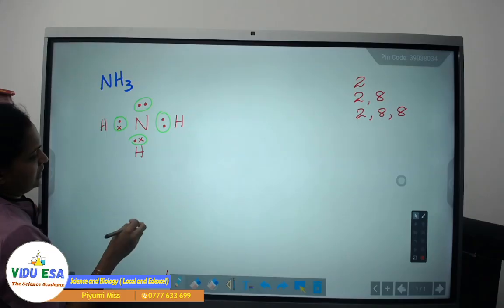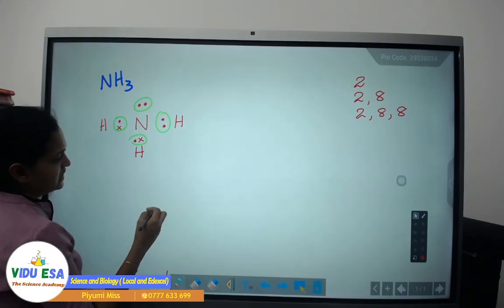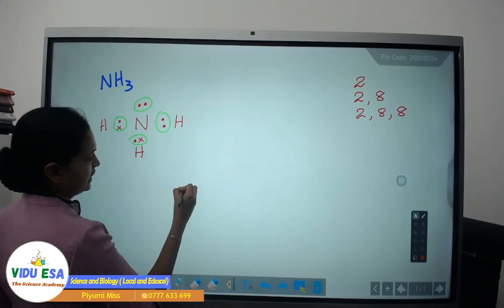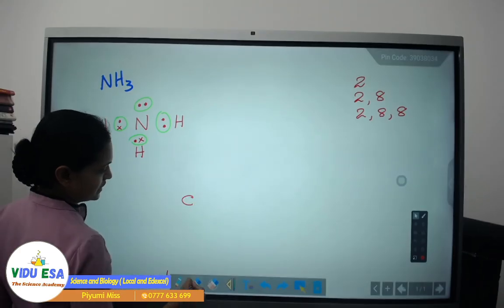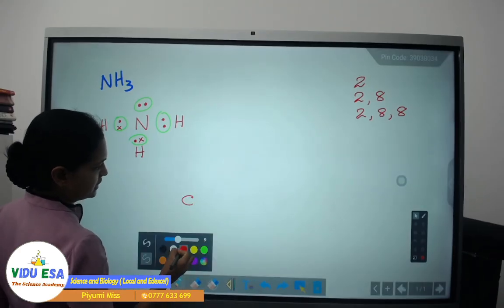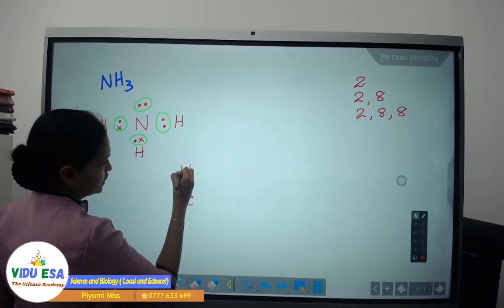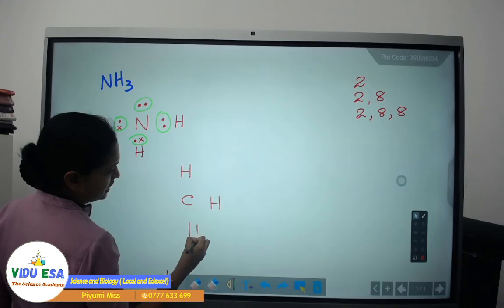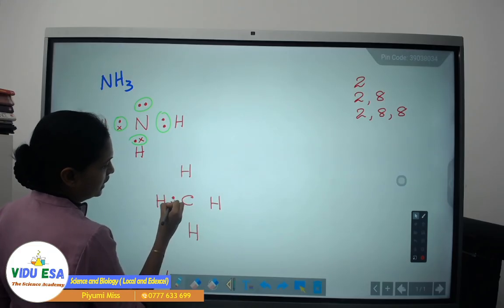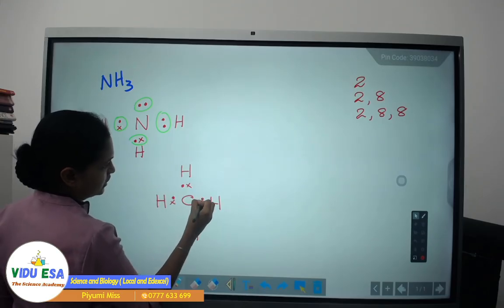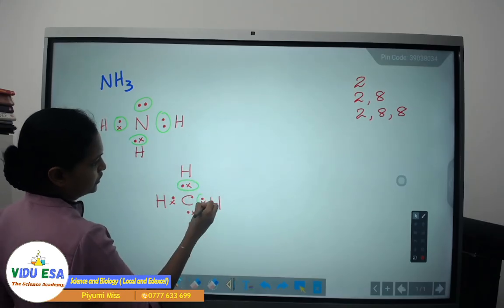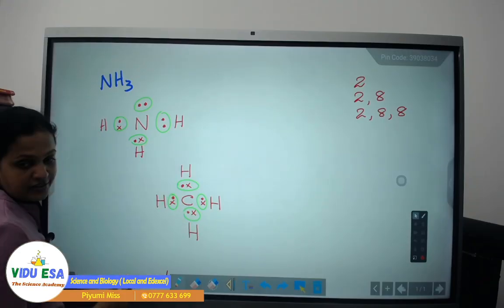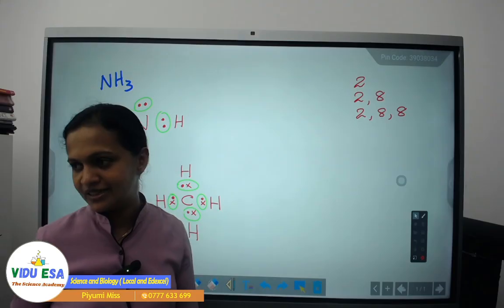Then if I consider CH4, methane, or the water molecule, whatever. Since you have drawn these examples, in the case of CH4, the carbon shares its 4 valence electrons with 4 hydrogen atoms. Then for carbon, once again, 8 electrons are completed: 2, 4, 6, 8. And in the case of hydrogen, once again, 2 electrons are completed.